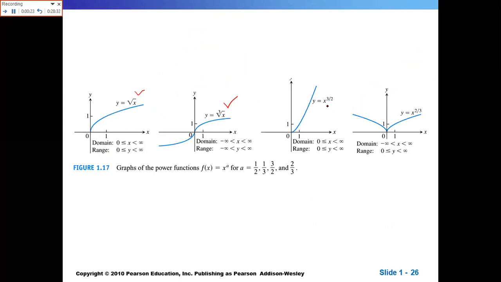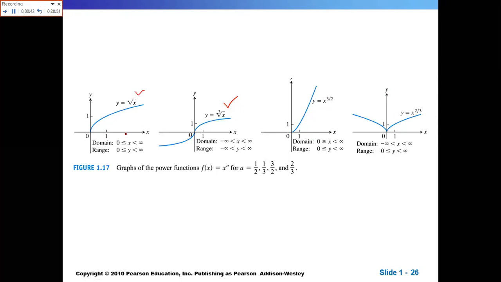And this is the cube of the square root of x. If you raise this to the power 3, you get this one. And this is the square of the cubic root.